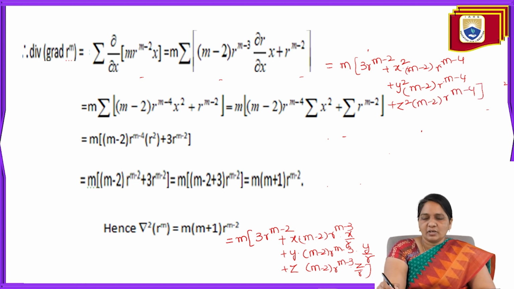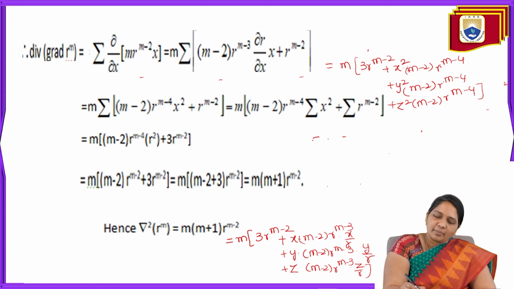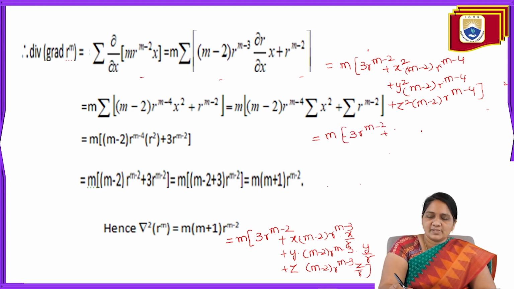Now r power m minus 4 is common, right? So m into 3 into r power m minus 2, plus m minus 2 into r power m minus 4 is common. The remaining is x square plus y square plus z square.